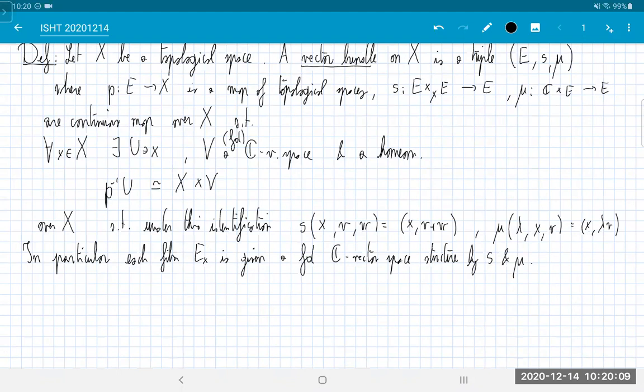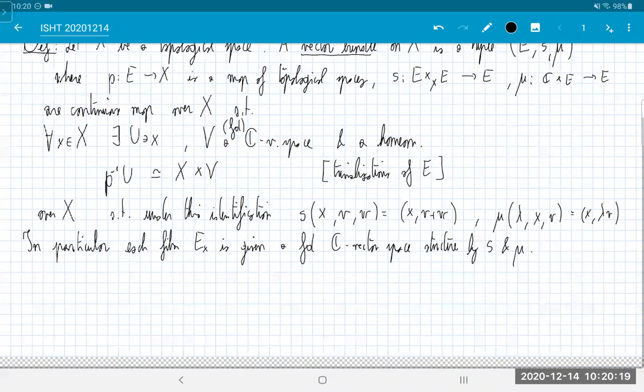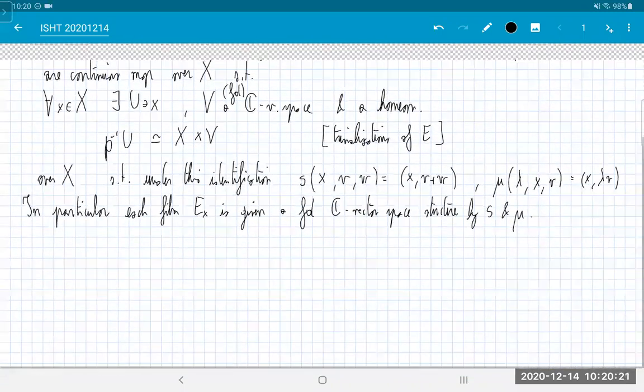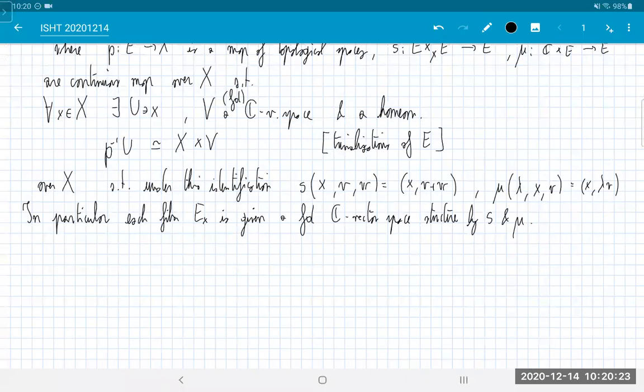And these U are typically called trivializations of E. This shouldn't be surprising. If you've seen the definition of covering space, and I know you've seen it, it's very similar.